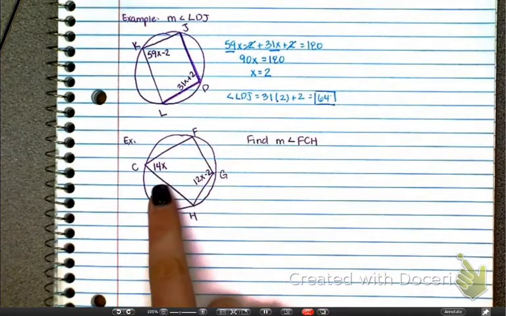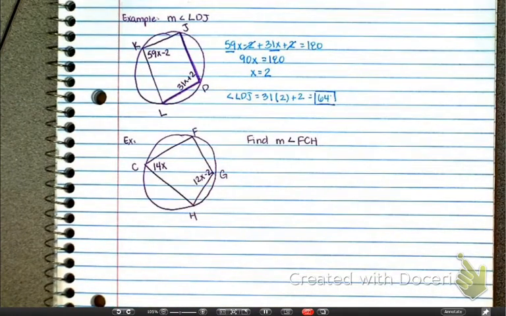You have 14x and 12x minus 2. So take a second, either by yourself or with your group, to solve for angle FCH. Pause the video at this time so that you can do that.